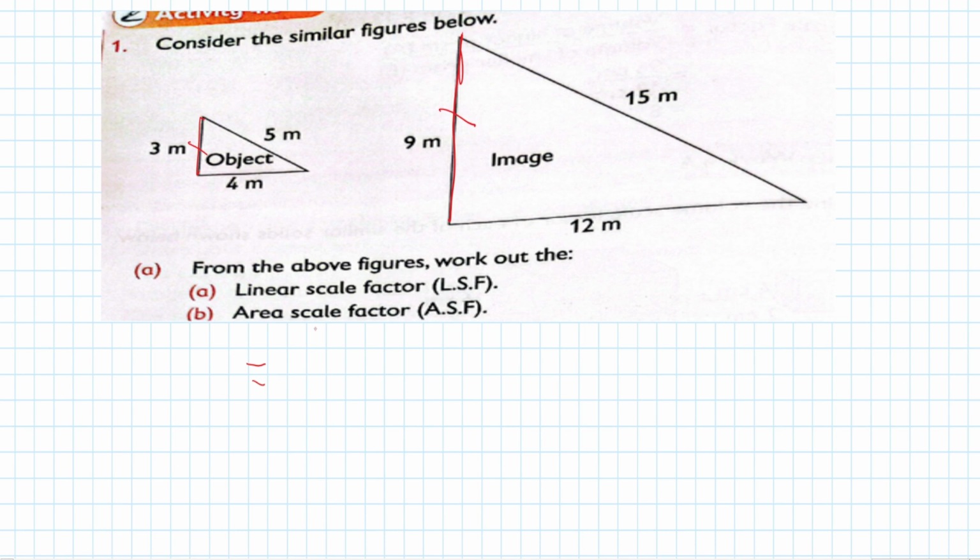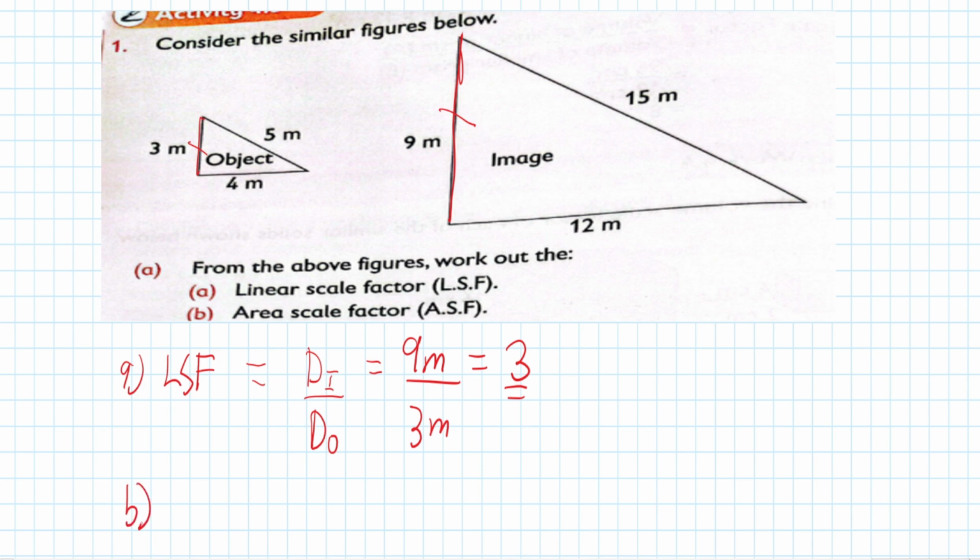You take the distance of the image over the distance of the object. The distance of the image is 9 meters over the distance of the object, which is 3 meters. You'll get the linear scale factor of 3. So question A we have already finished, that is your linear scale factor.